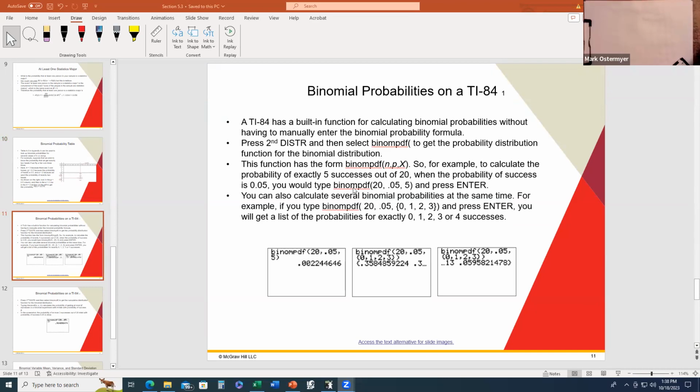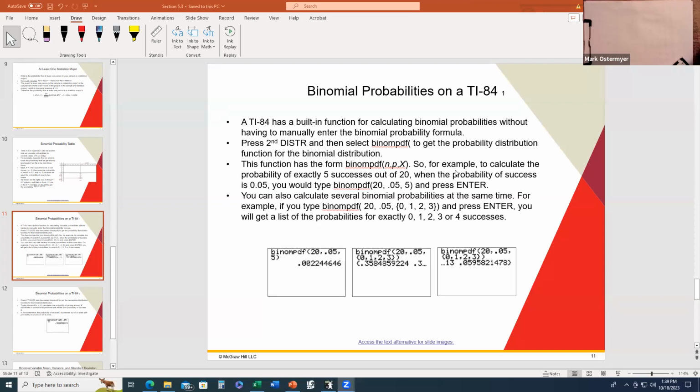All right. Let's see here. Now, this is interesting. We've already learned that the binomial PDF function requires the n, the p, and the x for the arguments.